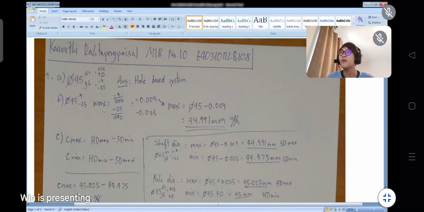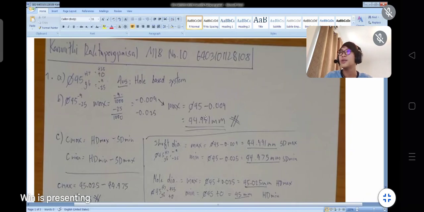So to find it, we have to divide both of these numbers by 1000, which you can see here is the answer, and pick the top one if you want maximum, or if you want to find minimum, you pick the bottom one. So I'm finding maximum, so I choose the top one.